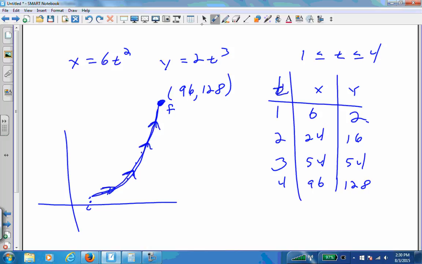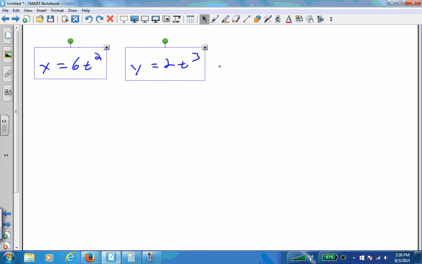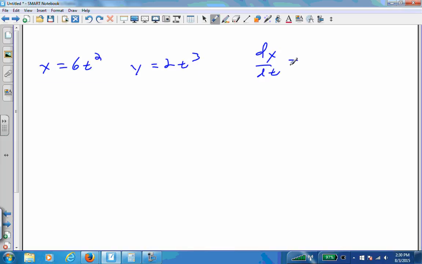So if we want the arc length, we need dx dt. So what's dx dt? 12t. We need dy dt.